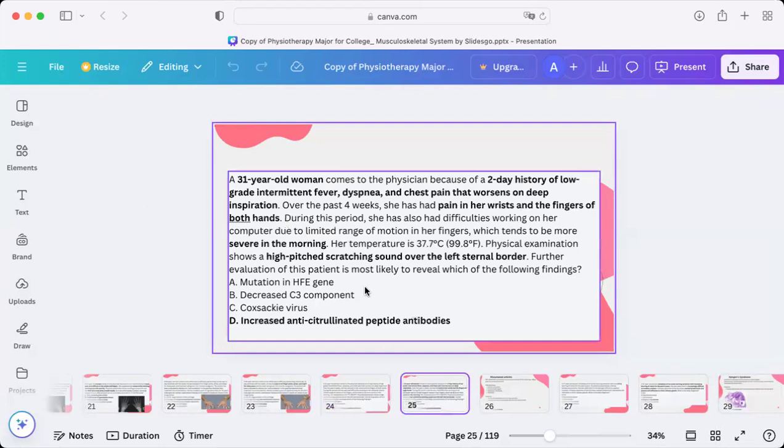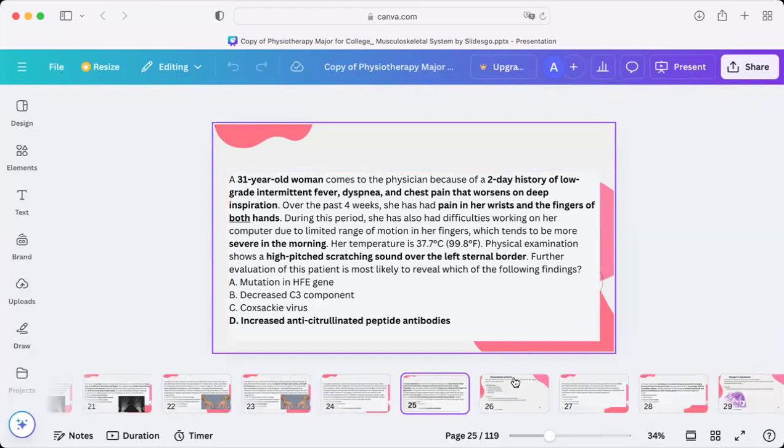D is the correct answer. This is something that Dr. Uban stressed on his slides: the anti-citrullinated peptide proteins. Guys, even if the rheumatoid factor is positive, even if it was one of the options in the multiple choice, go with anti-citrullinated peptide proteins because rheumatoid factor is not specific whatsoever. It's positive in a lot of different autoimmune disorders, rheumatoid arthritis, SLE. The most specific one for rheumatoid arthritis is the anti-citrullinated peptide proteins.